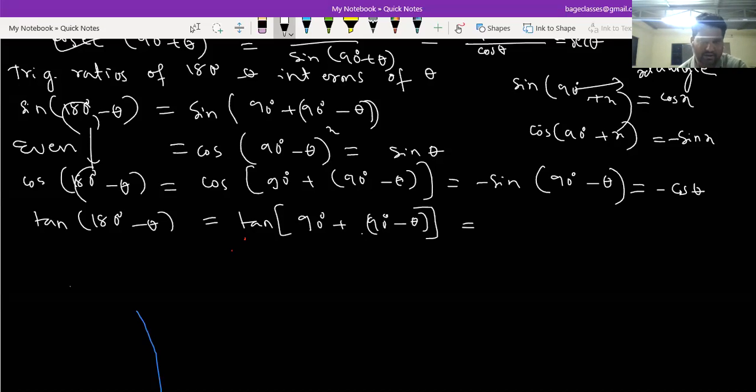Otherwise, you can divide directly. Tan 180 minus theta is sin 180 minus theta divided by cos 180 minus theta. We can do it like this also. What is there? Sin theta, and this is minus cos theta. So you got minus sin theta by cos theta, that is minus tan theta. Again, the ratio is not changed.